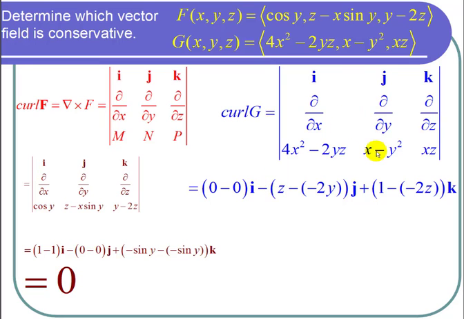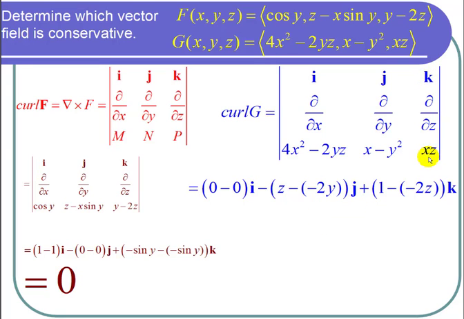Then I subtract, and for the j component, del over del x of xz is z, and del over del z of 4x squared minus 2yz is negative 2y. So we get z minus negative 2y times j.